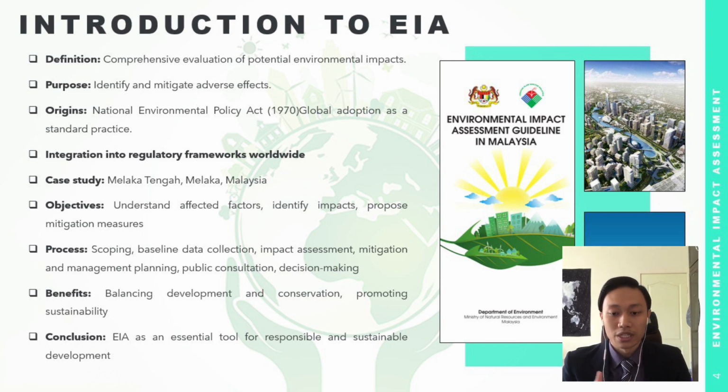Fourth, mitigation planning, which is proposing measures to avoid, minimize, or mitigate adverse effects. The next one is public consultation, which is engaging stakeholders and incorporating their input and concerns. The last one is decision making, which is incorporating EIA findings into the project approval process.